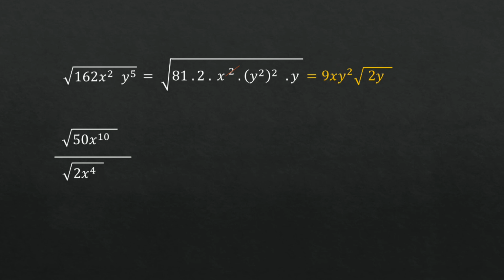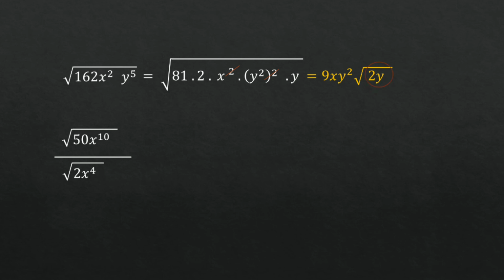And for our y, we canceled out the squared sign and what is left inside is y squared. And the numbers inside the radical are 2 and y. So that's why we have the final answer of 9x y squared square root of 2y.